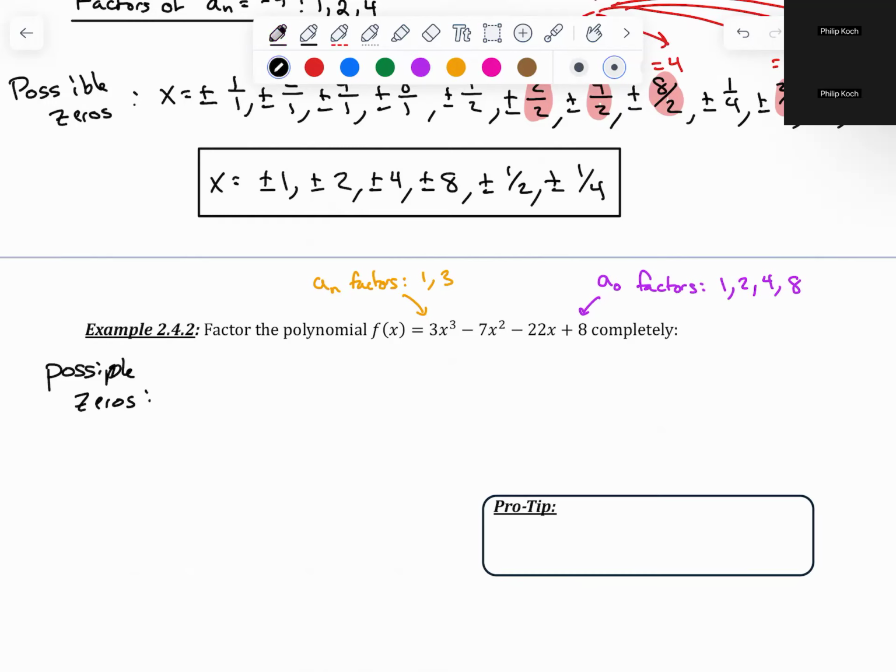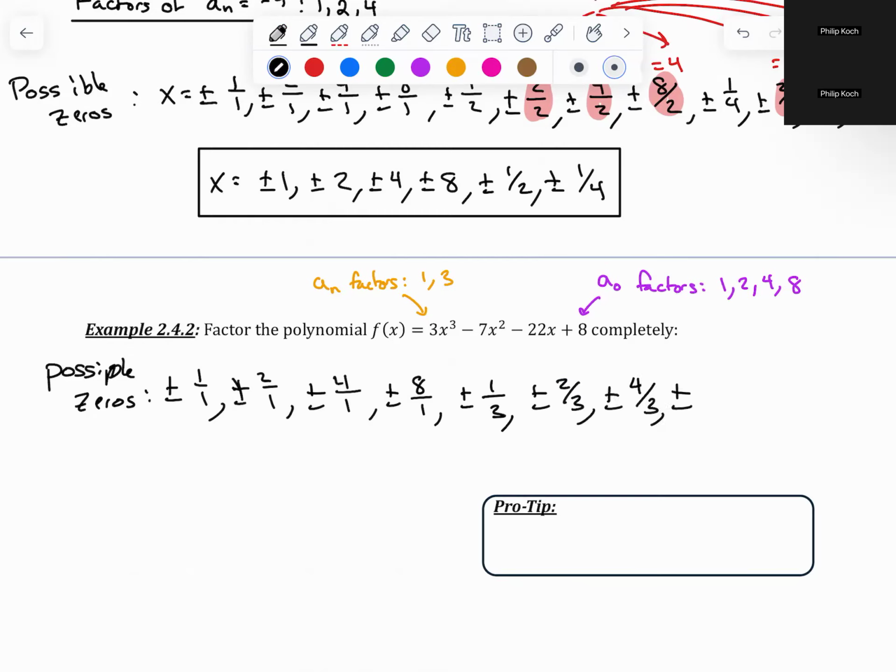So the possible zeros are plus or minus 1 over 1, plus or minus 2 over 1, plus or minus 4 over 1, plus or minus 8 over 1, and then plus or minus 1/3, plus or minus 2/3, plus or minus 4/3, and plus or minus 8/3.